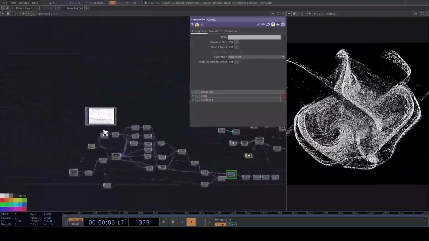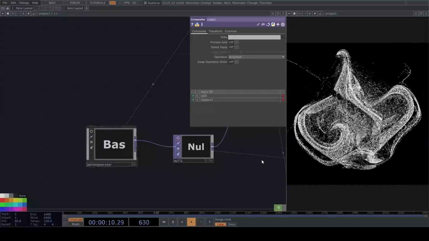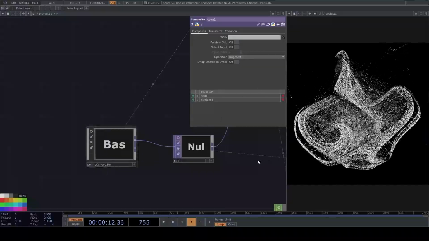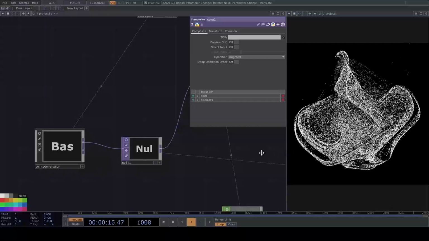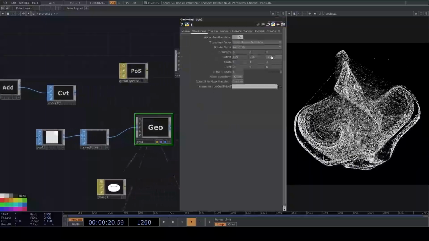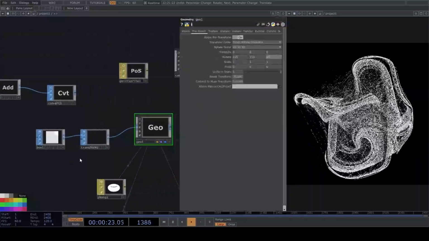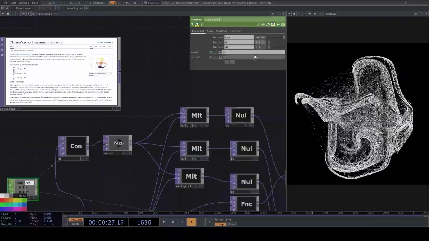Also, you could increase the number of points here. We just leave it like that to be sure that any computer could reproduce this system. And changing the constant will also change the look of this one.